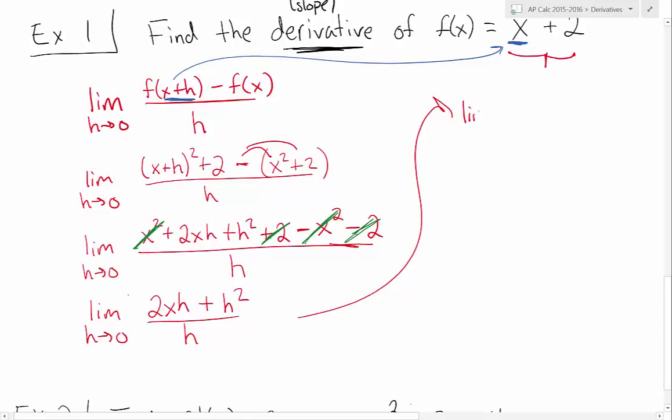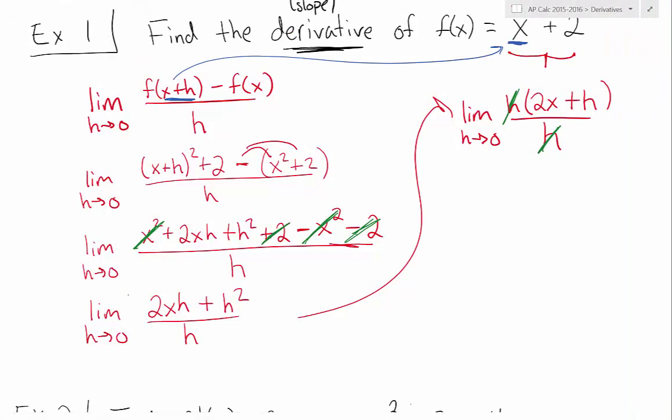So it's the limit as h approaches 0 of, we factor out that h, 2x plus h. And then we can simplify, and so we can divide out that h. And that leaves us with the limit as h approaches 0 of 2x plus h.